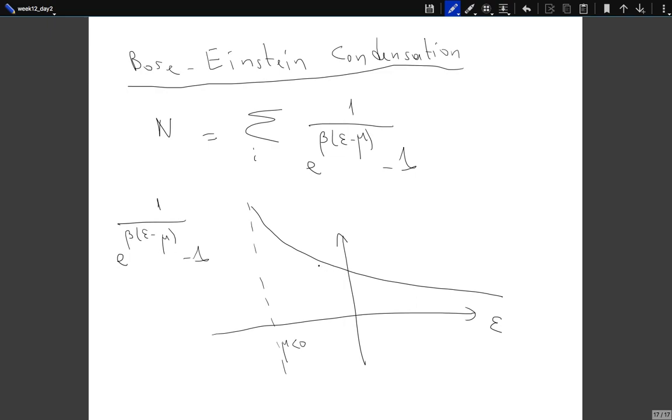Now, at a given value of epsilon, if I lower the temperature, this beta term gets larger and larger, so it will decay faster. So it will be this one. You see, assuming this is T1, this is T2 less than T1, with mu fixed.